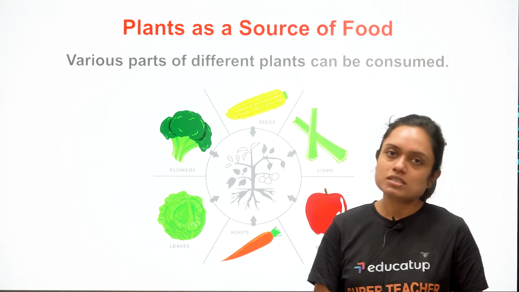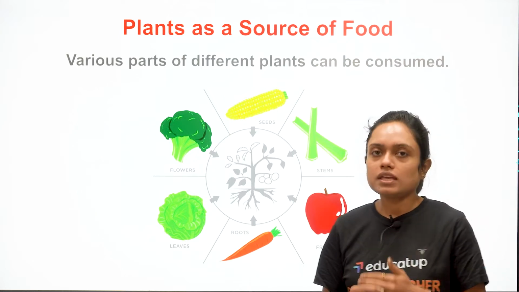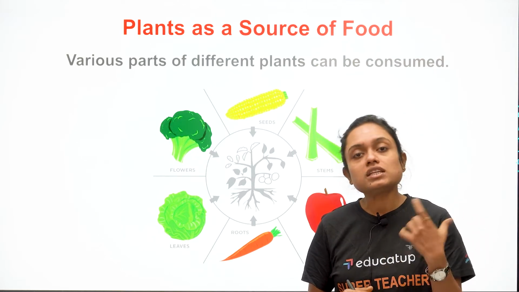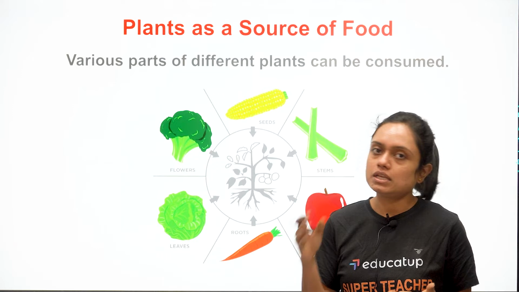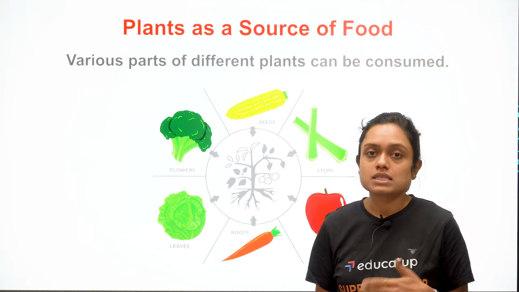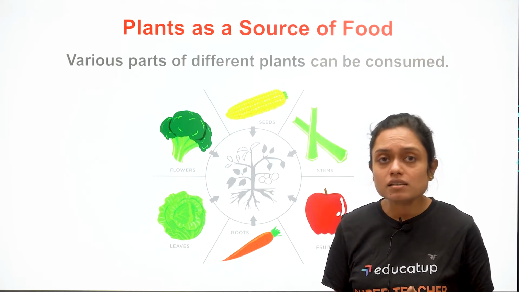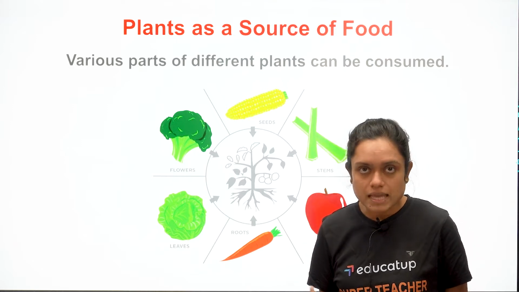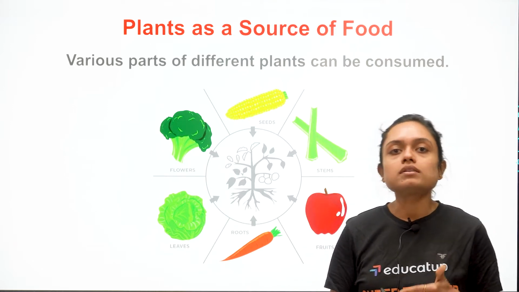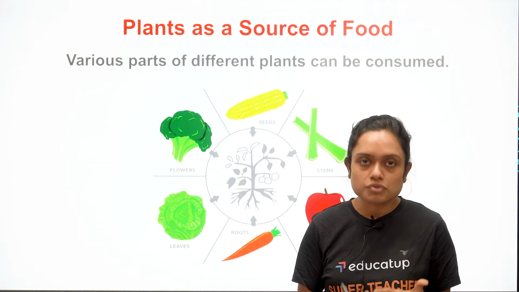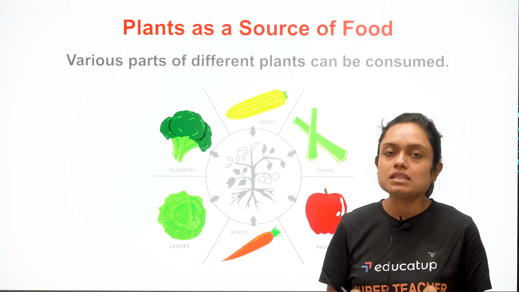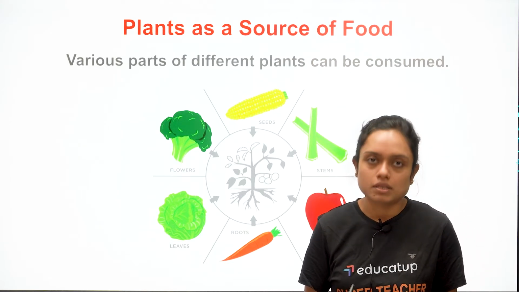As the name suggests, flower. So actually in every plant, we eat a different part of it. Sometimes we eat root, sometimes stem, sometimes fruit, sometimes seed, flower, even leaves, depending on which part contains the maximum nutrients and which part can be easily consumed and digestible in human beings.